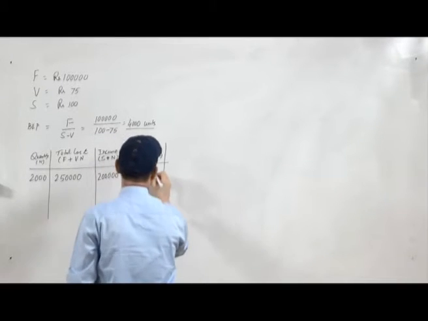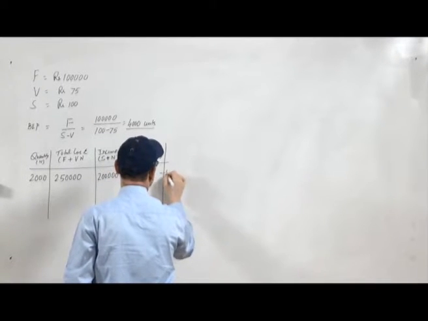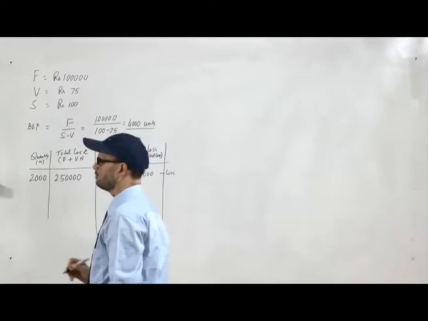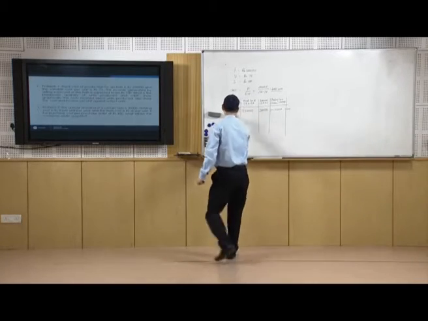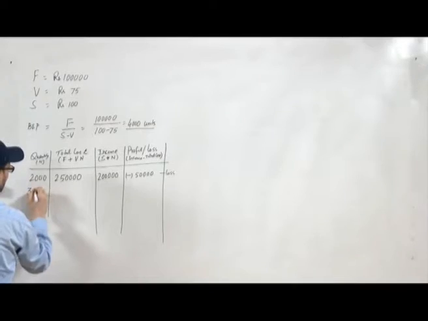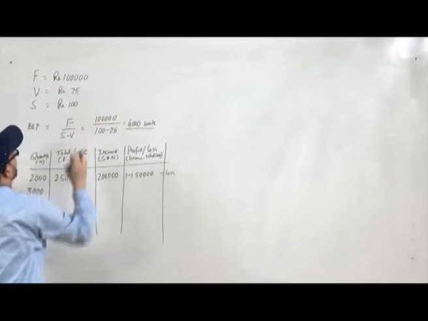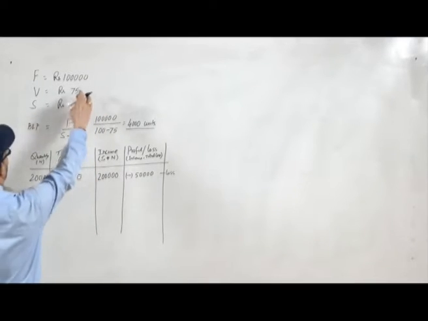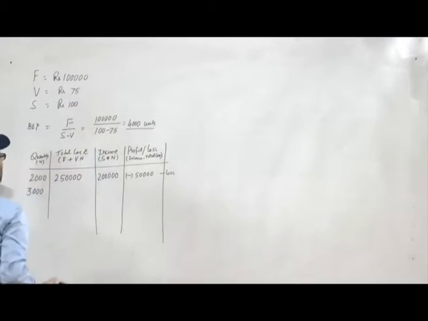So, this is basically a loss. If we take it to 3000, the total cost will be F plus V into N, 1 lakh plus 75 into 3000.